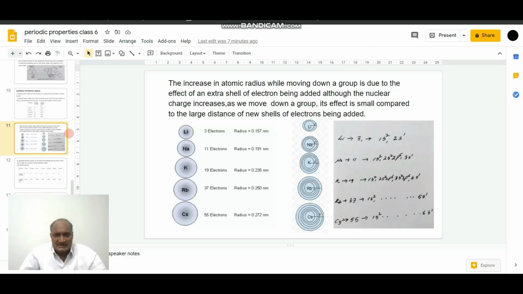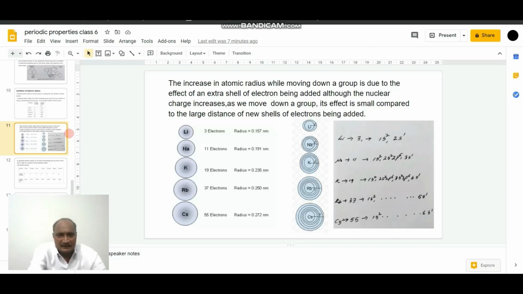Although the nuclear charge increases as we move down a group, its effect is small as compared to the large distance of the new shell of electrons being added.